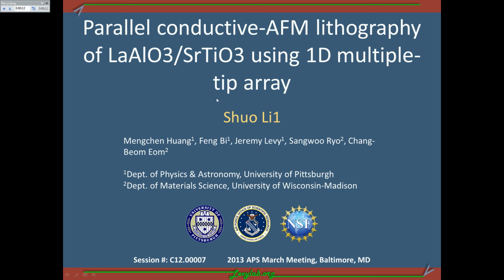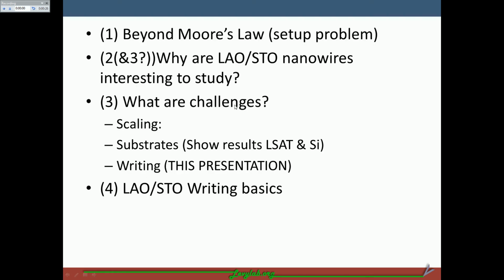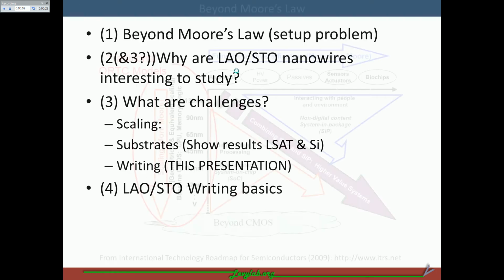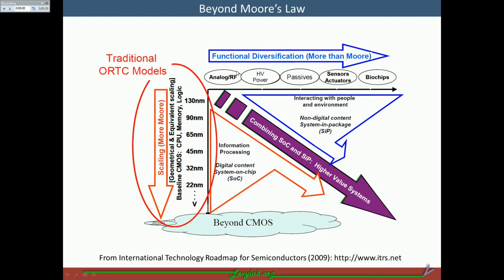Alright, so, good morning, or good afternoon. I'll be talking about parallel AFM writing of the LAO/STO, lanthanum aluminate strontium titanate interface, using a one-dimensional multiple tip array. I want to motivate this talk by looking at Moore's Law, which many of you have probably seen this graph many times.